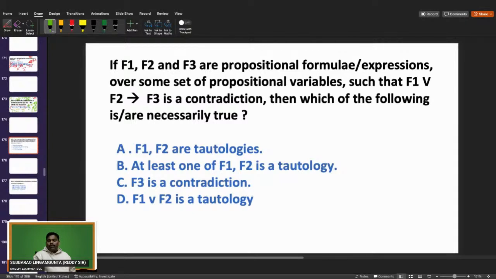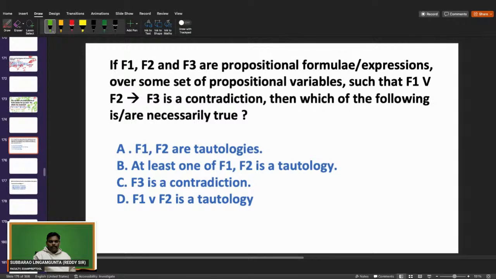If F1, F2 and F3 are propositional formula expressions over some set of propositional variables such that F1 or F2 implies F3 is a contradiction, then which one of the following is necessarily true?